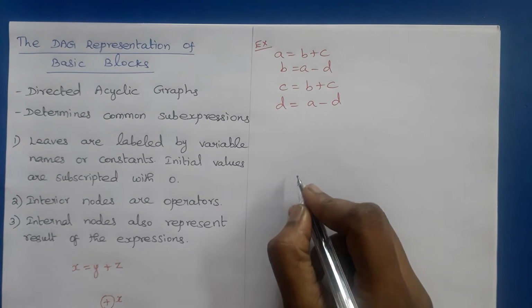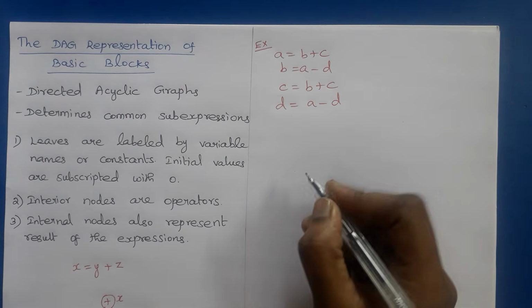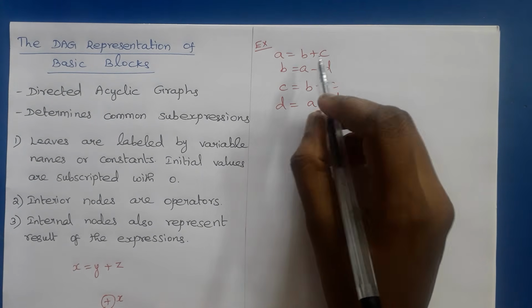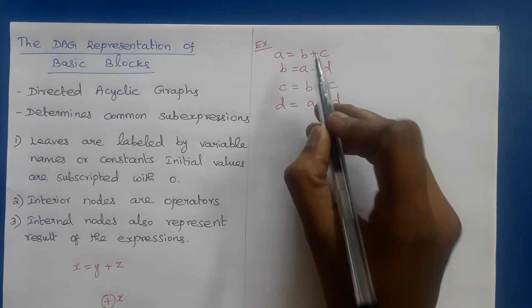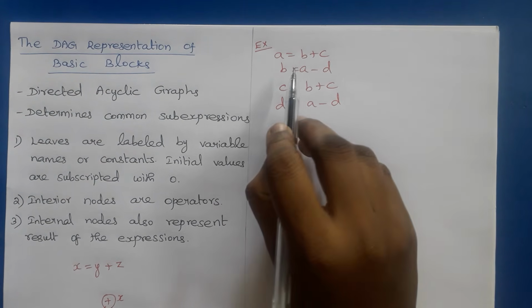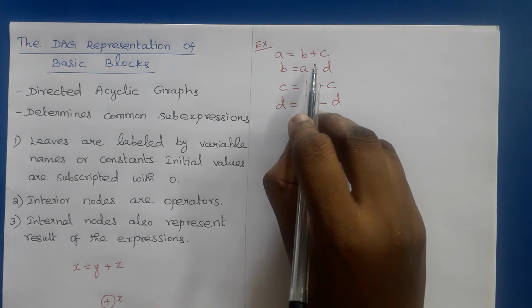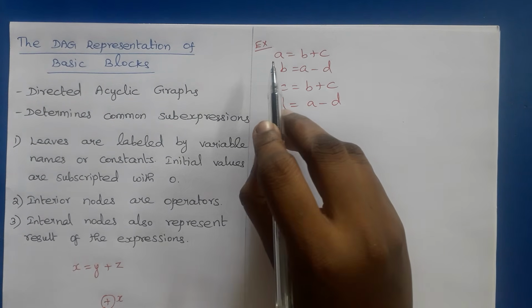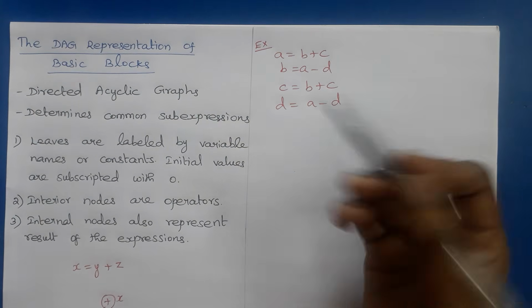The DAG is constructed by constructing plus, and whenever we are creating a new node, we have to check whether that node is already available or not. If that node is already available, then there is no need to create it. Simply we attach that identifier to the list of identifiers.